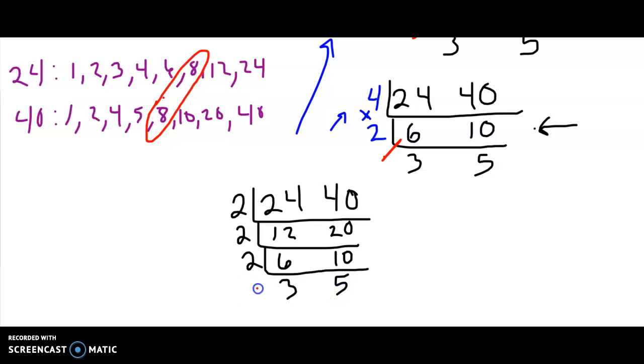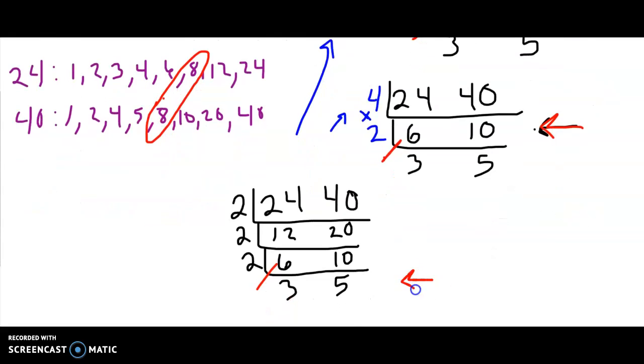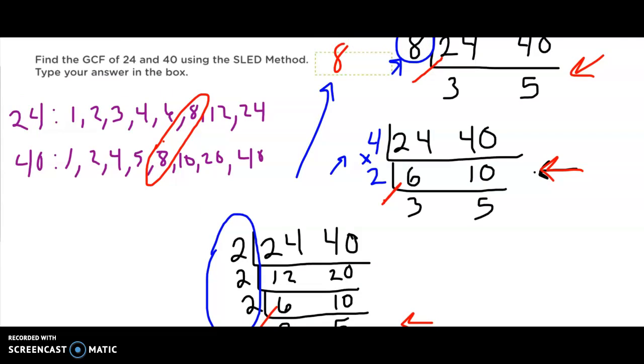Now, wait a minute. Isn't it 3 and 5 every single time? Let's look. Wasn't it 3 and 5 there? Yep. 3 and 5 there? Yep. And now it is 3 and 5 there. Every time it ended up with 3 and 5. Now, let's look at the factors that I pulled out that are in common. We said earlier that my GCF was 8.